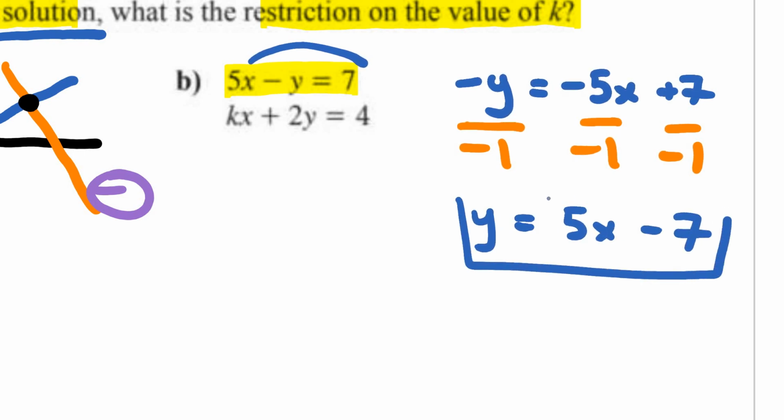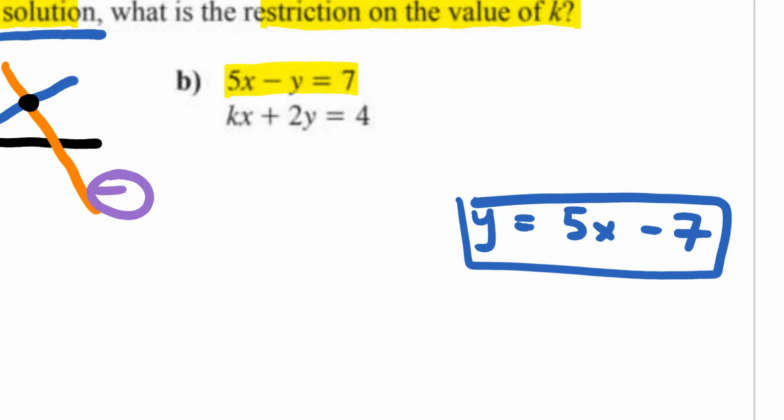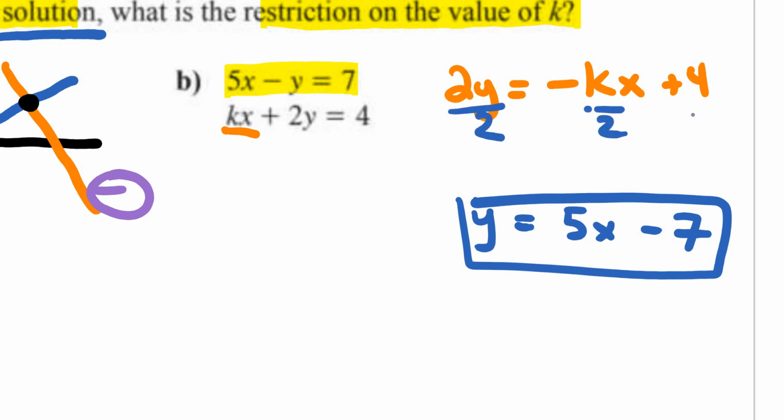That's my first equation in the form y equals mx plus b. Now the second equation: move the kx over, so I have 2y equals negative kx plus 4, then divide both sides by 2, and I get y equals negative k over 2 x plus 2.